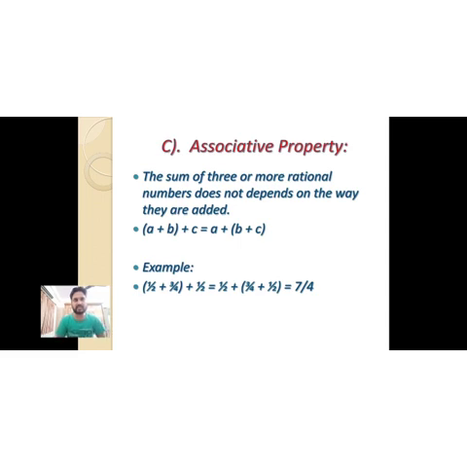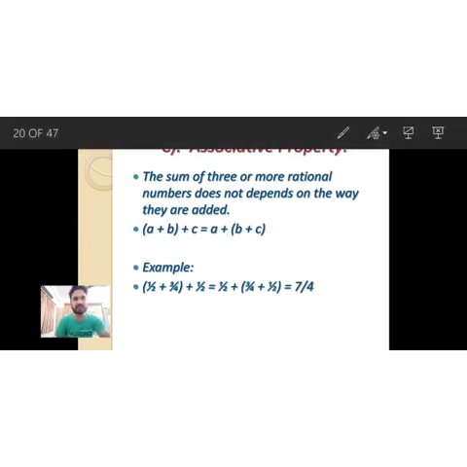Now see the associative property. The sum of 3 or more than 3 rational numbers does not depend on the way they are added. In the associative property, we add the first 2 numbers, then the result of these 2 numbers is added to the third rational number.